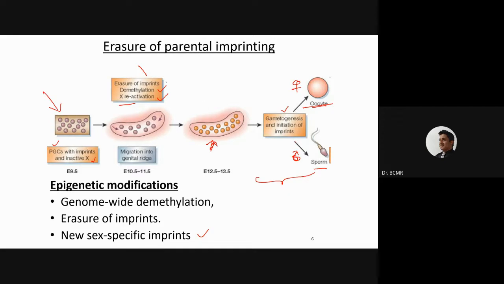So what I want you to remember is that at this stage there are no imprints, right? And at this stage of completely differentiated gametogenesis, we should have had imprints established, at least in the sperm, right? In the egg, there is initiation, but it's probably still not yet completed.